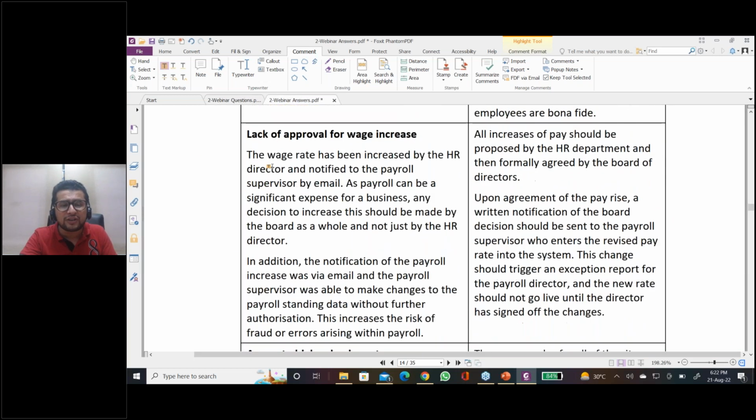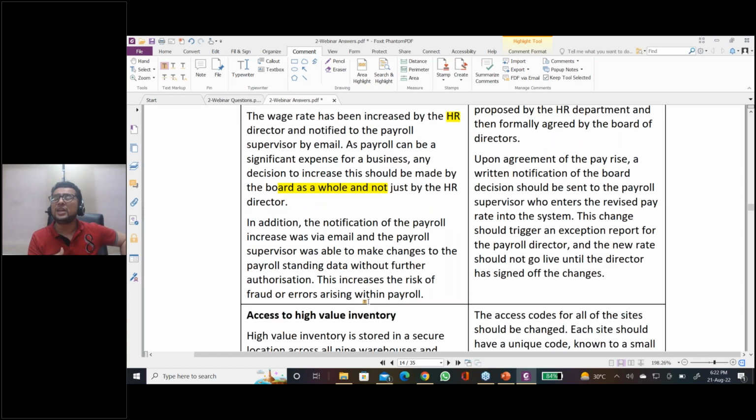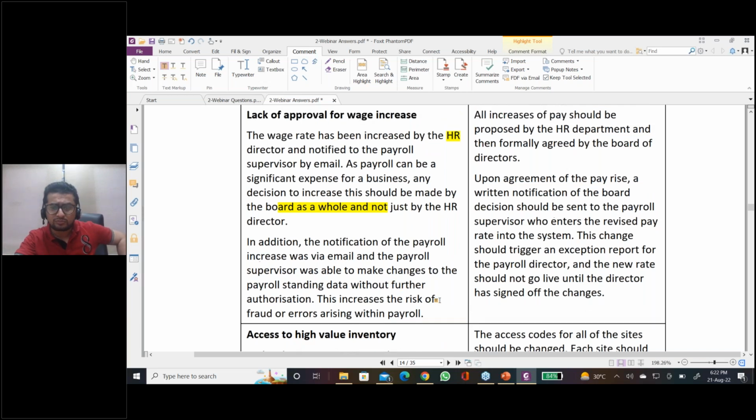Lack of approval for wage increase. The wage rate has been increased by the HR director and notified to the payroll supervisor by email. As payroll can be a significant expense for a business, any decision to increase this should have been made by the board as a whole, not just by one individual. If this is the case, that individual could increase the wage of his friends or her friends or any other particular individual.